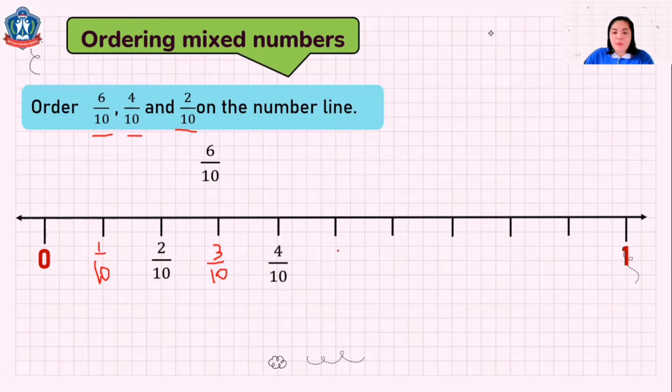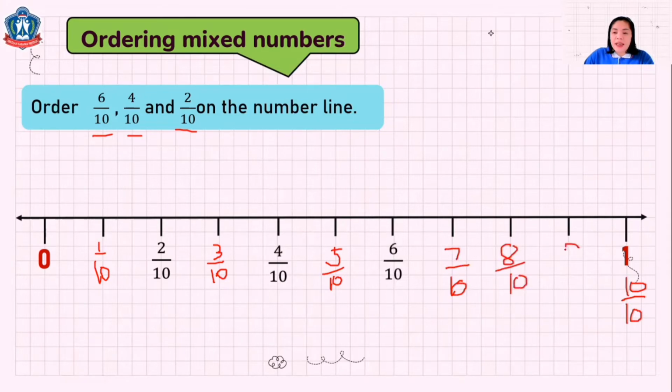Where are we going to put it? So after 4/10 is 5/10. So 6/10 is here after 5/10. Correct. Now, if we already have 1, this is 10/10. Remember? When we make 1, the numerator and denominator are the same. So after 6/10 is 7/10. Then we have 8/10. And we have 9/10. So this is how to place or order the fractions on the number line.